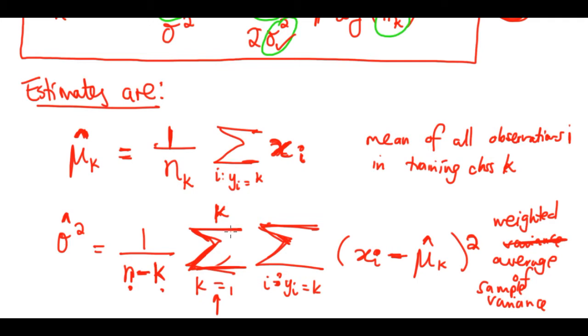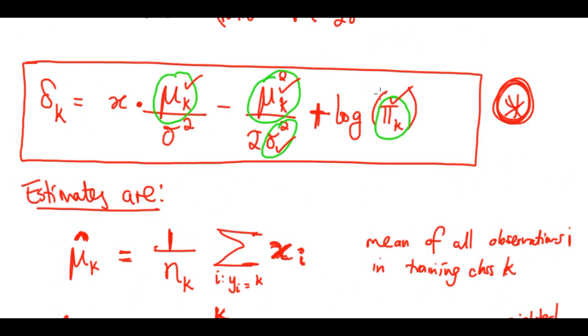If we plug them into the original equation, it's just going to be our pi k, calculate our f of k and stuff like that, and then we're going to have our probability.